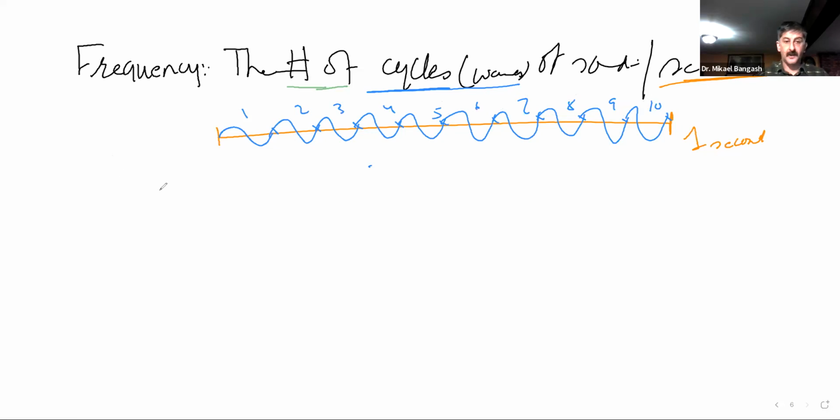So the number of cycles that we had in 1 second here was 10 cycles. We had 10 cycles in a second. Or we could say there were 10 waves completed in 1 second.